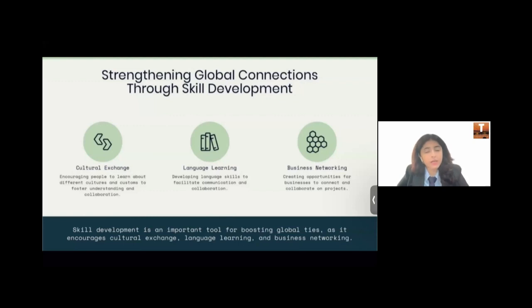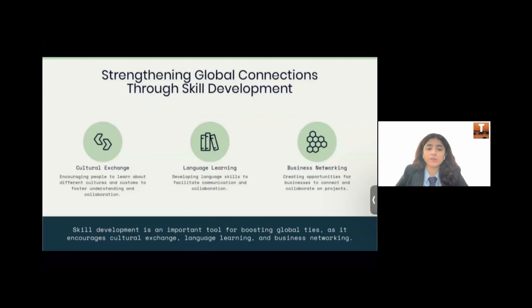Language proficiency comes next, and very important because there are some very difficult languages across the globe, but learning them, the proficiency in languages such as English, Mandarin, Spanish, or Arabic can significantly enhance individuals' ability to connect with people from diverse backgrounds and engage in global business transactions.